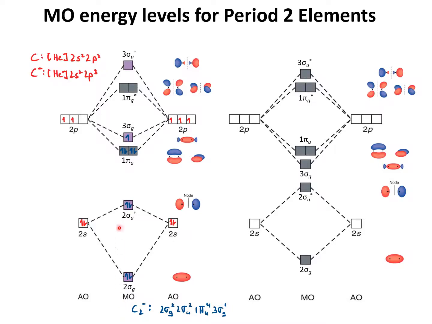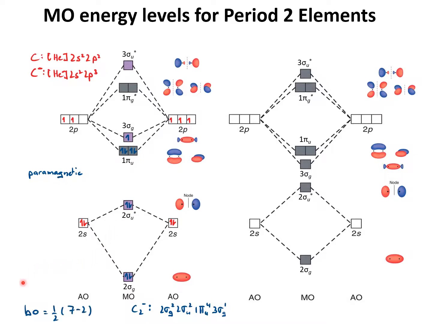Now from the MO diagram, we can see that C2- is paramagnetic, since we have one unpaired electron. And lastly, we can also calculate the bond order for C2-, recalling that the bond order is defined as 1/2 times the number of electrons in bonding MOs minus the number of electrons in antibonding MOs.